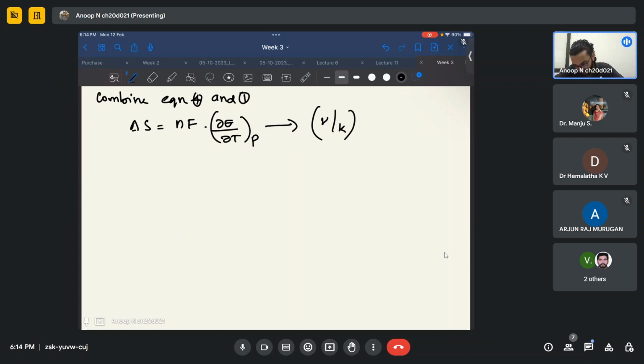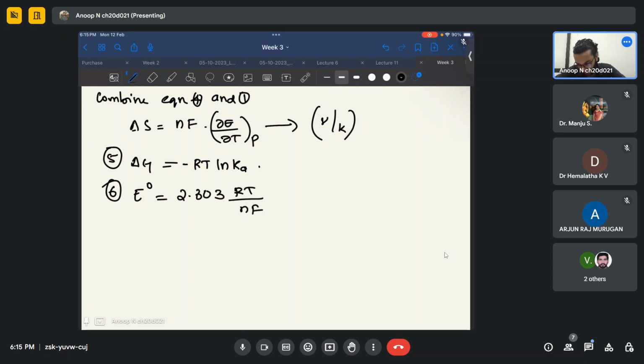Then another equation we have seen: delta G is equal to minus RT ln Ka. Then the sixth equation is E0 is equal to, in terms of log, 2.303 RT by NF log Ka.